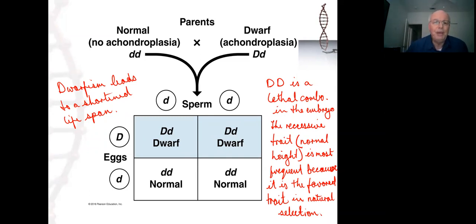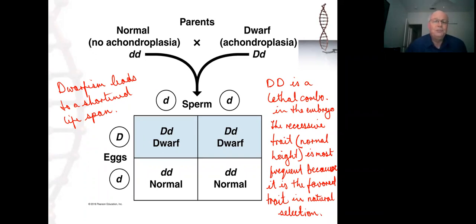And so people with achondroplasic dwarfism do have a shortened lifespan. And it's substantially shortened. And so having normal height is the favored trait. You tend to live longer, you tend to reproduce more frequently, you leave more offspring behind as a general rule. That's natural selection at work.